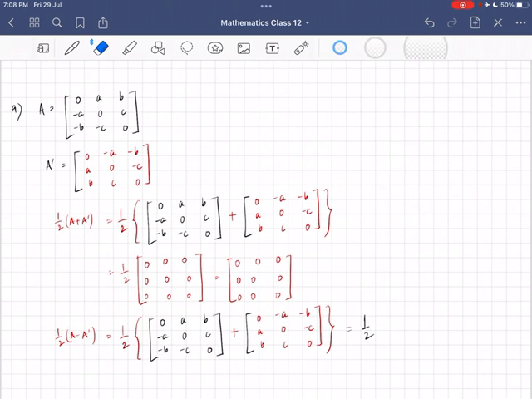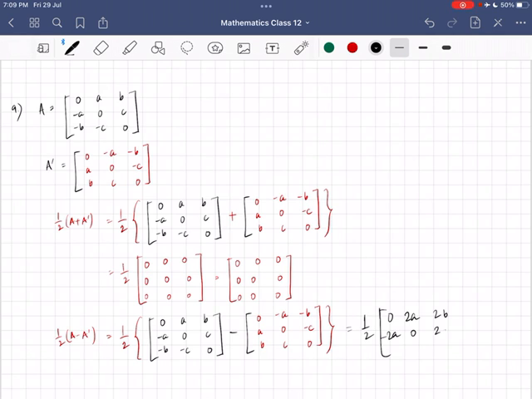So subtract 0 minus 0, obviously it has to be 0. Then we have A minus of minus A, so it becomes 2A. A minus of minus A means A plus A, that is 2A. Then B minus of minus B, that is 2B. Then we have minus A minus of A, so we have minus 2A, then we have 0. Then C minus of minus C, that is 2C.